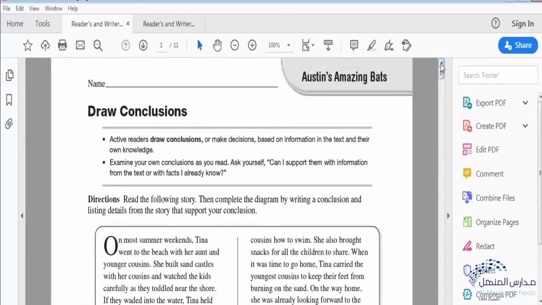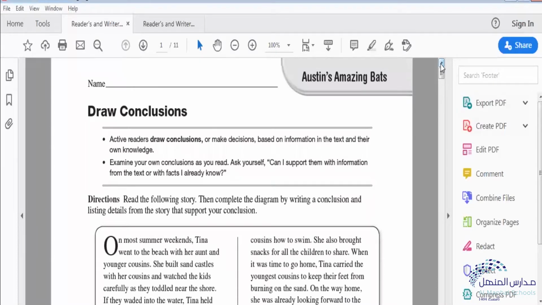We're looking at draw conclusions. Active readers draw conclusions or make decisions based on information in the text and their own knowledge. In other words, people who read, active readers, are those who read all the time, okay?